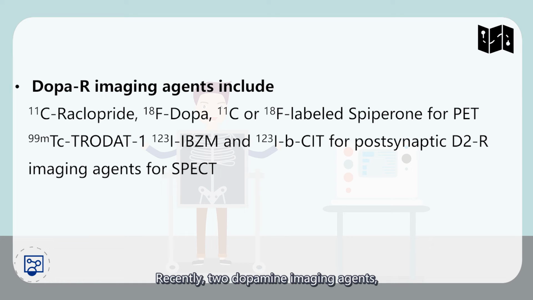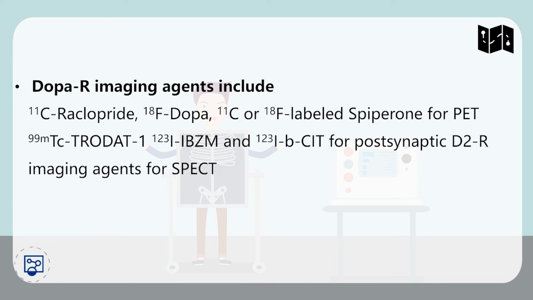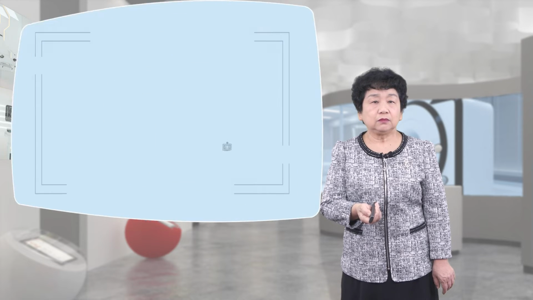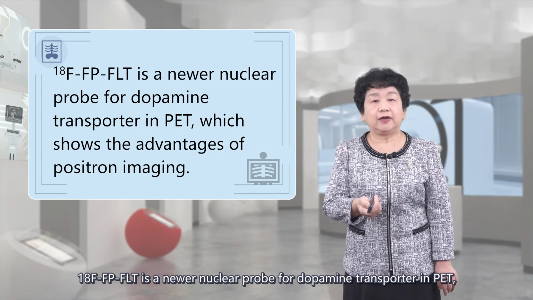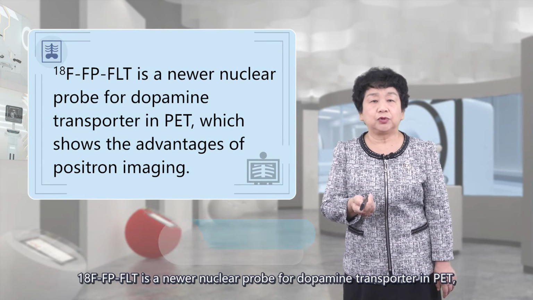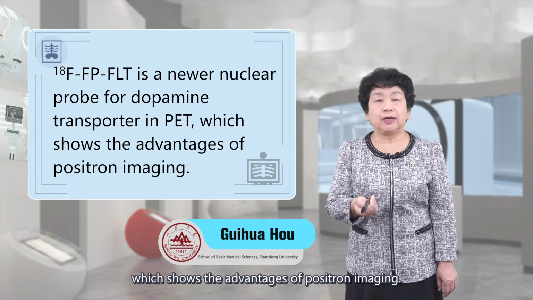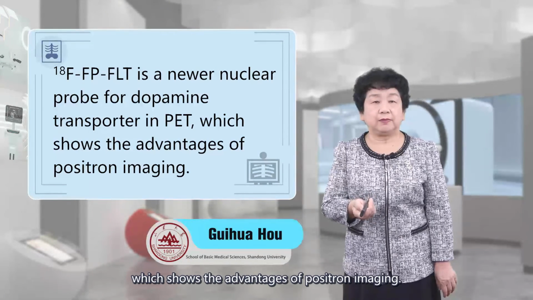Recently, two dopamine imaging agents, presynaptic and postsynaptic, have been successfully used to differentiate Parkinson's disease from familial tremor. F18-FP-FLT is a neuronuclear probe for the dopamine transporter in PET, which shows the advantage of positron imaging.